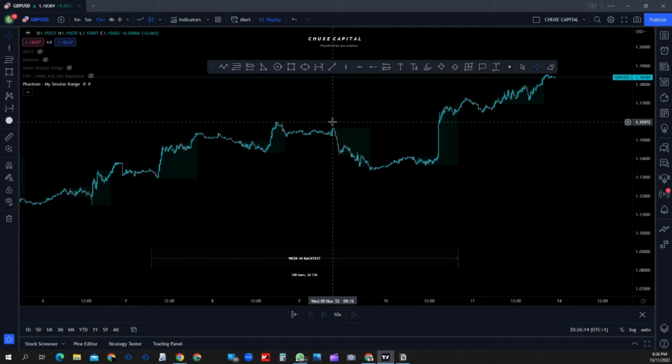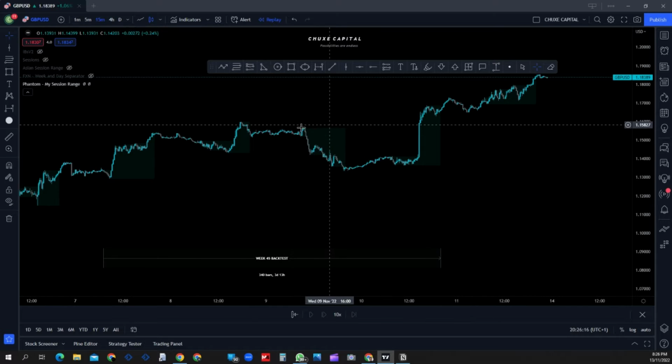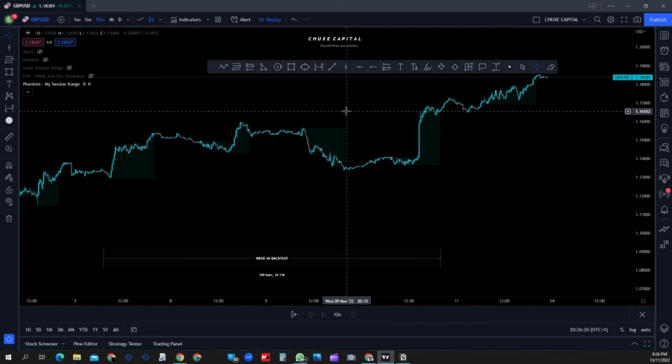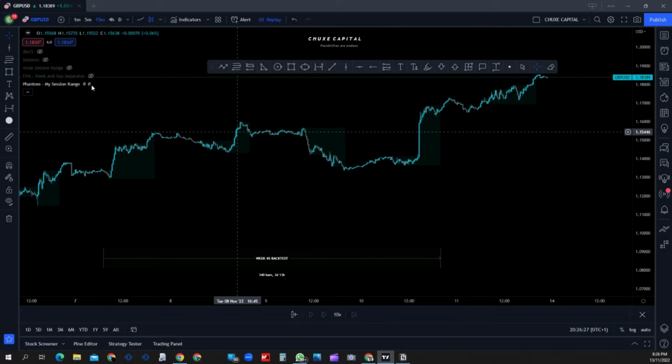So for me, I'm looking at being at my desk between 7 a.m. to 8 p.m. to look for trade opportunities. So you have that My Session Range. I just set it using the settings.